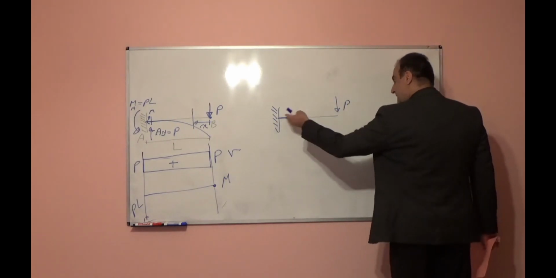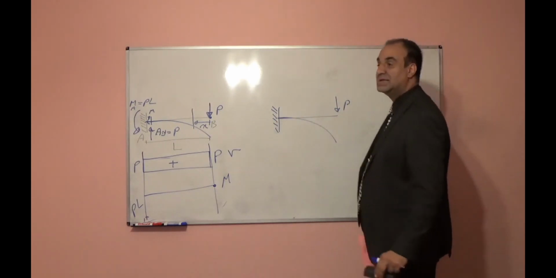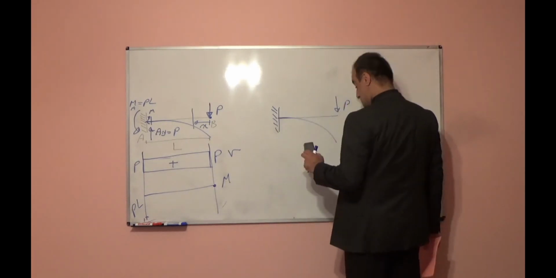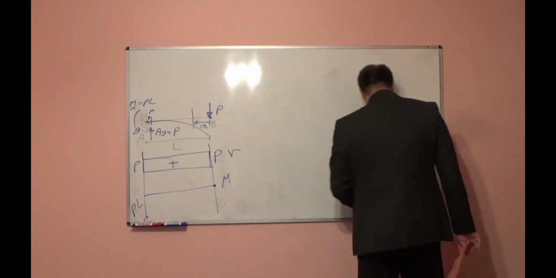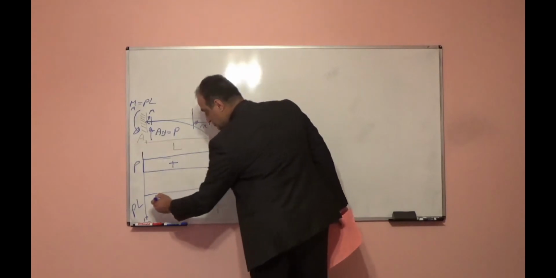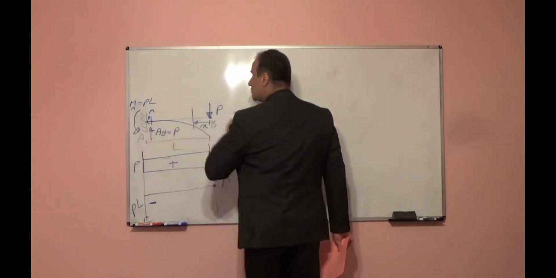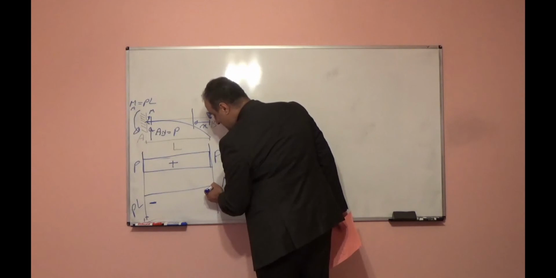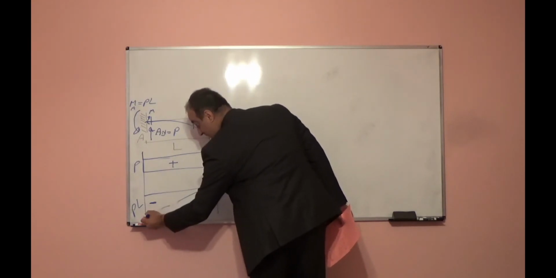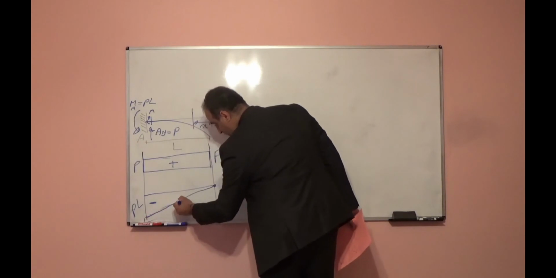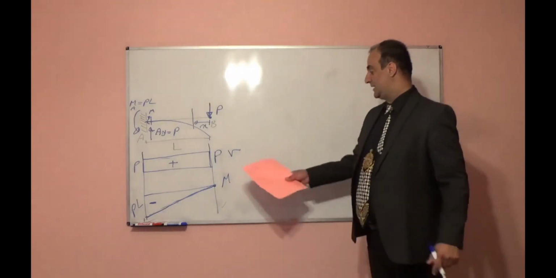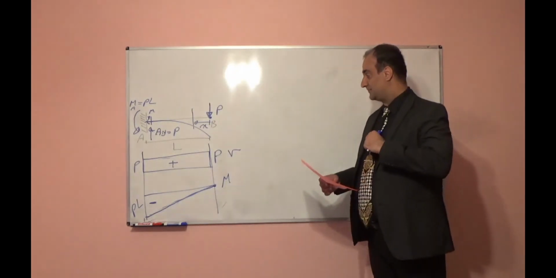Underneath of the beam, the length will decrease, so it is subjected to compression. Underneath of the beam, compression means negative internal moment. So it should be negative. There is no force between, so the variation of moment should be linear. So with one inclined line, you go from 0 to negative PL. It will be the moment diagram.